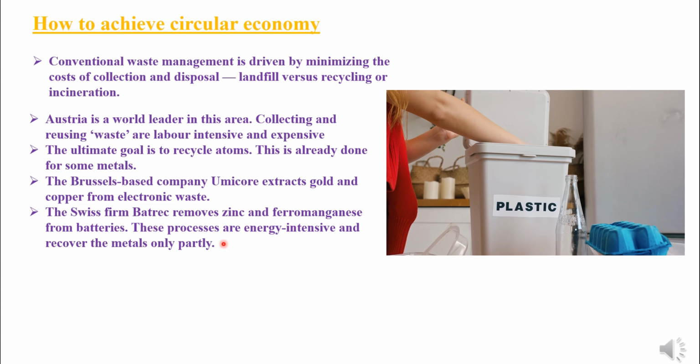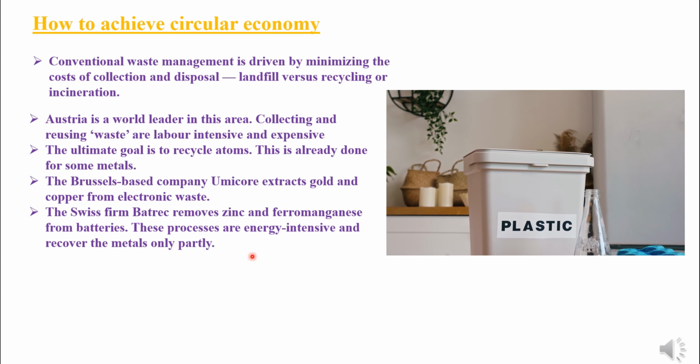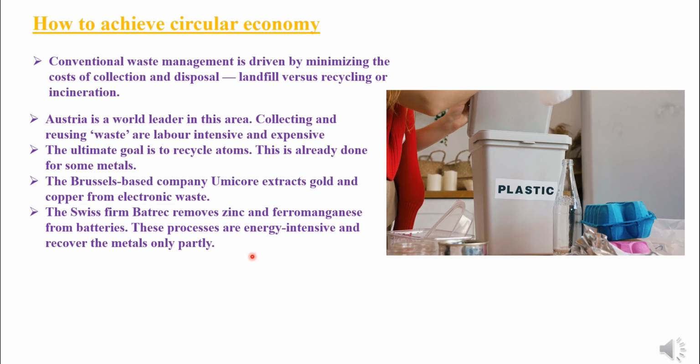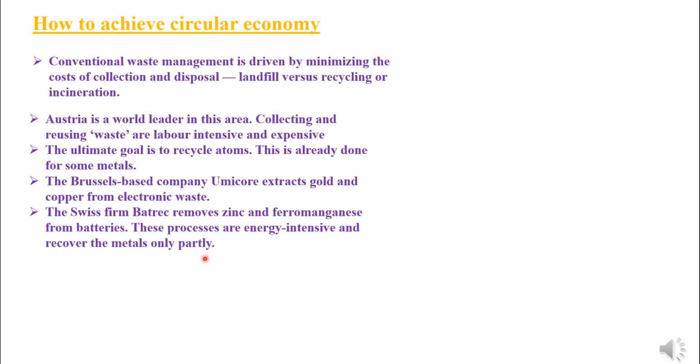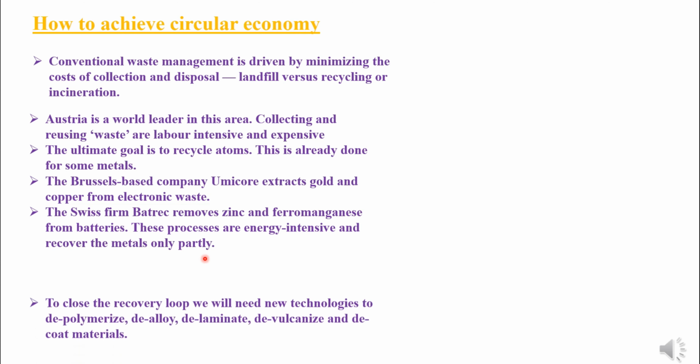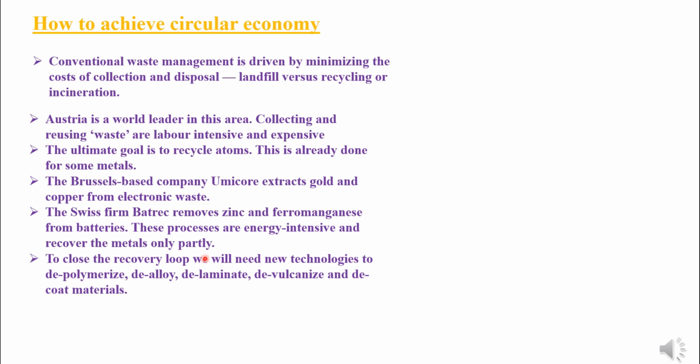It says that the process is energy intensive and recovers the metals only partly. Again, here you can see that it recovers the metals partly. Complete retrieving of material or the raw material is difficult, and that is why circular economy to be implemented 100% seems somewhat difficult.